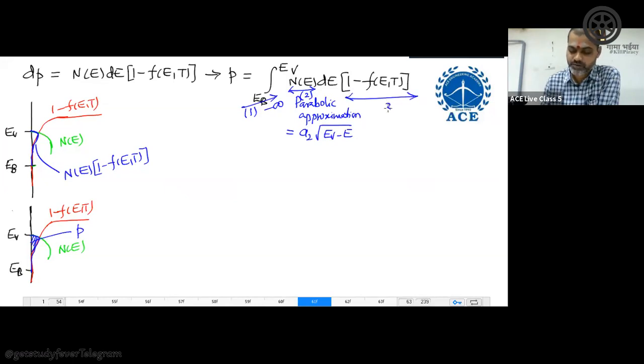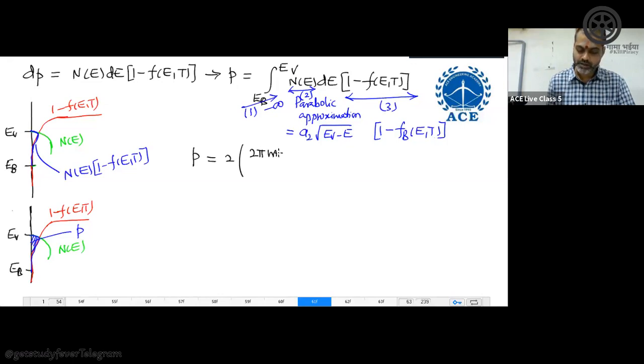Boltzmann approximation we need to do. The third one is 1 minus f of E comma T, Boltzmann's approximation. Okay, so do all these approximations and find out the expression. We are going to get P is equal to 2 into (2 pi MP KT divided by h square) power 3 by 2 into e power minus (EF minus EV) divided by KT.